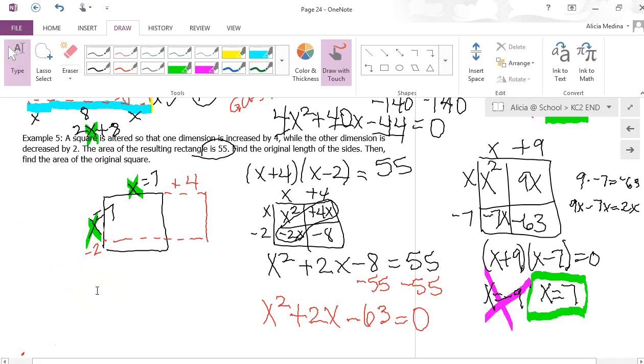Alright, if it asked me what the new sides were, you could just add that 4 or subtract that 2, and then again it would be 7 plus 4, which is 11, and 7 minus 2, which would be 5. Right? You can go ahead and work on the next video or on the next activity, which is target 2C.6.